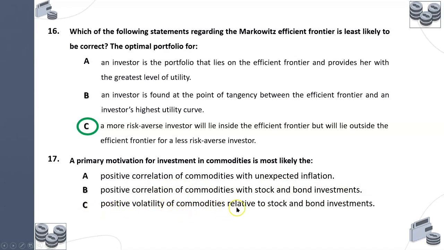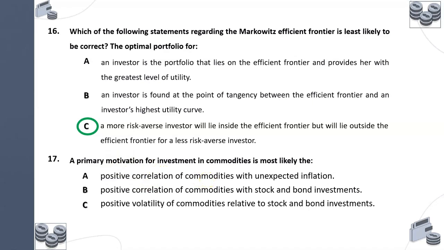C. Positive volatility of commodity relative to stock and bond investment. As I just mentioned, the correlation is normally very weak between commodities and stocks and bonds and all other forms of investment. So what motivates me to invest in commodities is that commodities tend to go up.